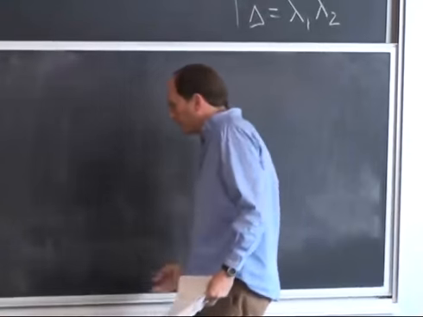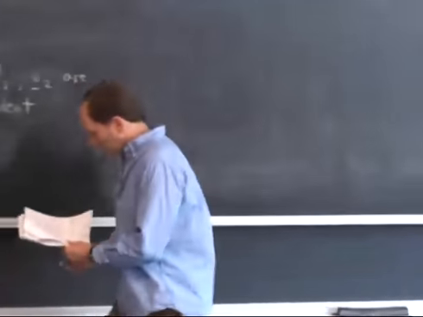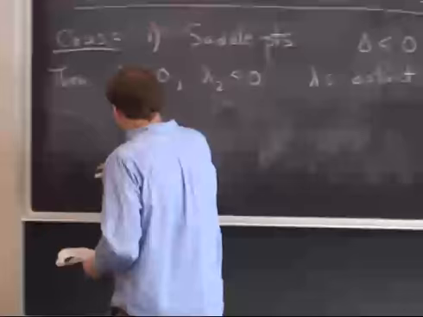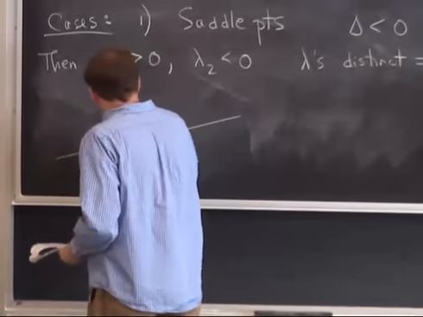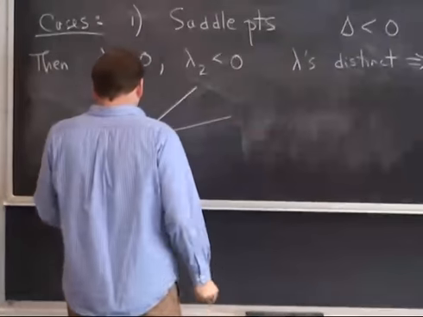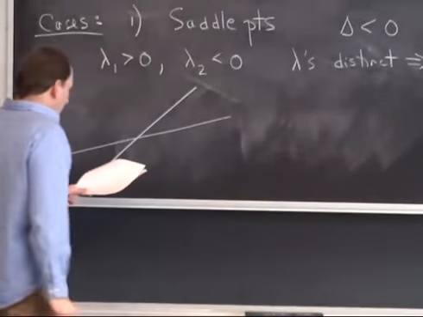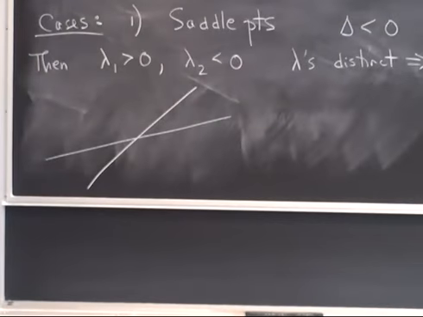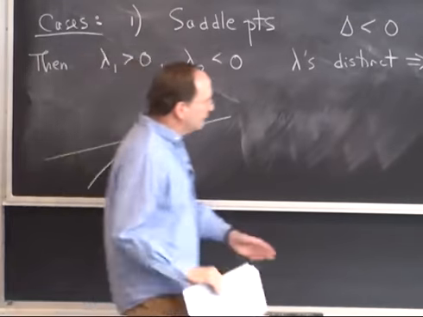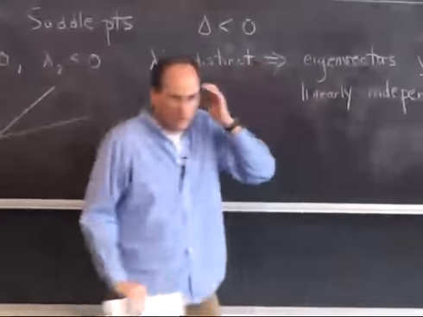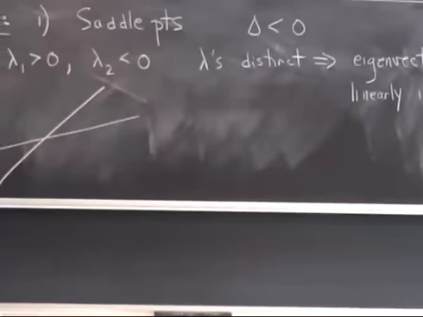So let's draw a picture of them. Say one of them looks like this, and one like that. Those are the span of the two different eigenvectors, that is, all scalar multiples of each one of them.